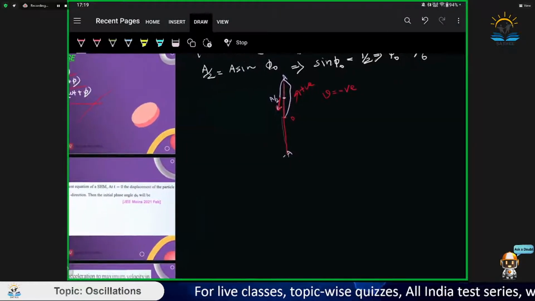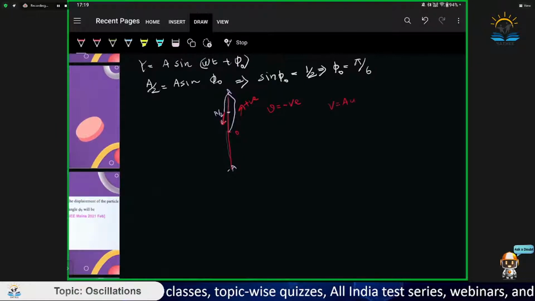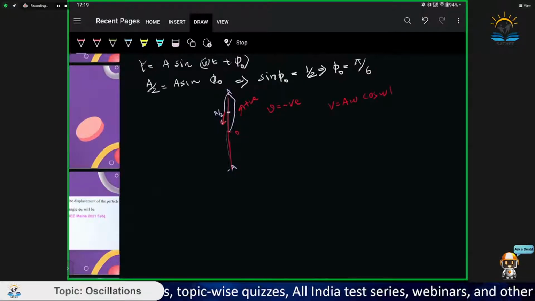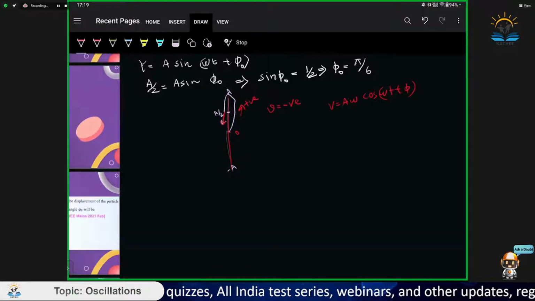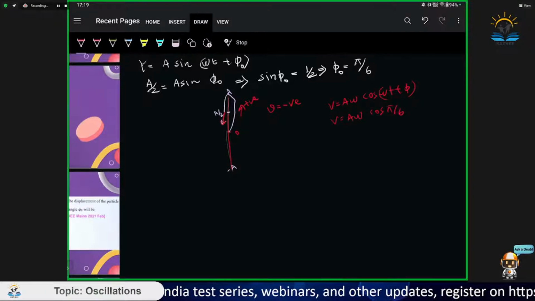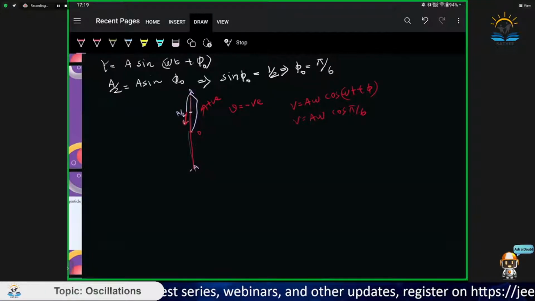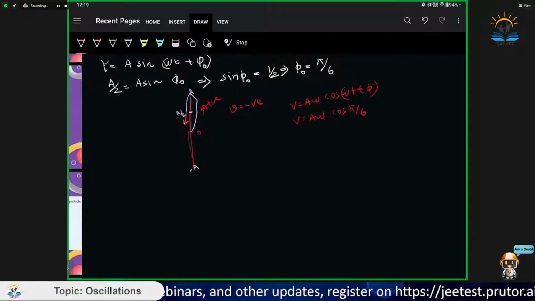So what is the equation of velocity? A omega cos(omega t plus phi 0). Right. So I put velocity equal to A omega cos of pi by 6. So cos pi by 6 will be root 3 by 2. But that velocity is positive, right? So velocity should be negative.